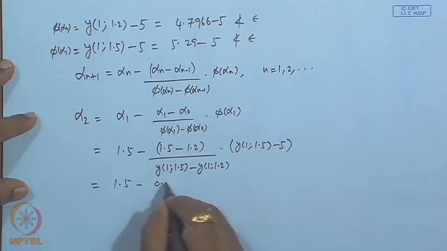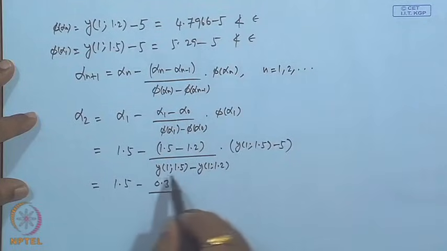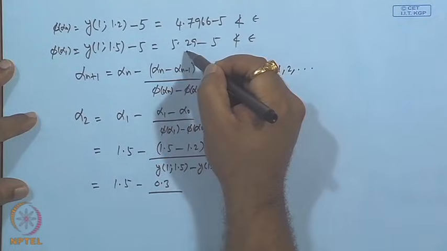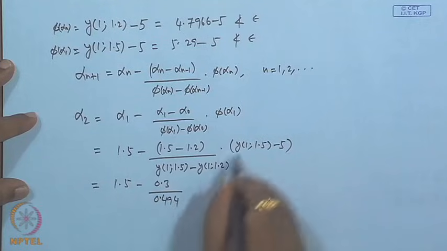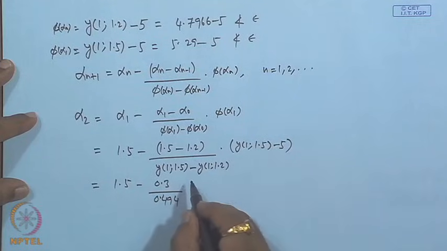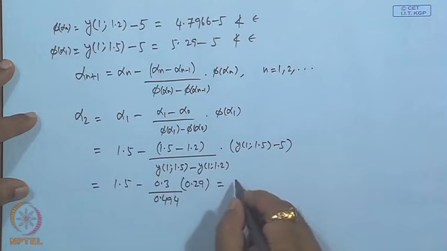So, this is 0.3 by this difference. The difference of y at 1.5 is a 5.29 difference, and this difference we have, so this equals 1 point something.